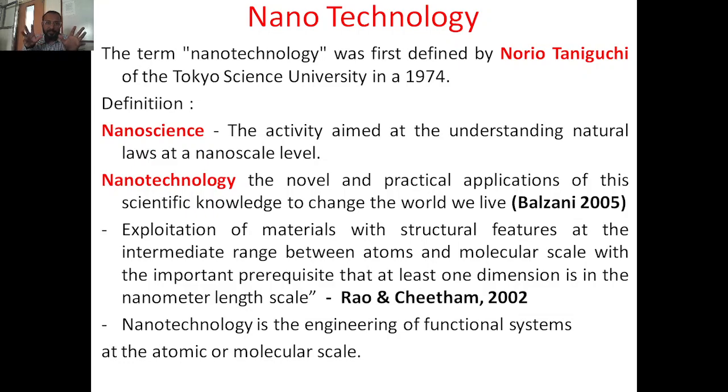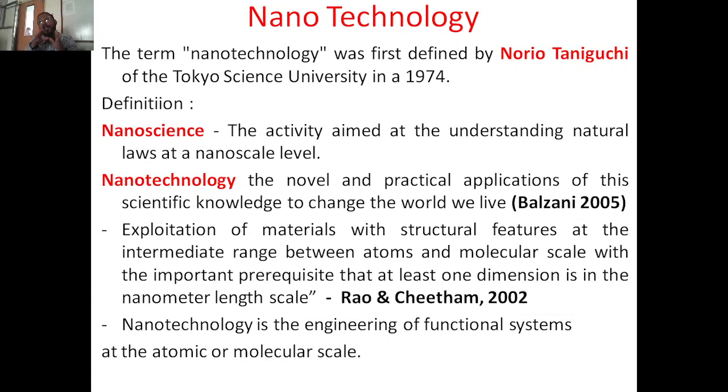Norio Taniguchi, one of the Japanese scientists working at Tokyo Science University in 1974, coined the first terminology, nanotechnology. That means the materials which fall under a range, and the range has to be very specific. You cannot simply say any small scale is nanotechnology.